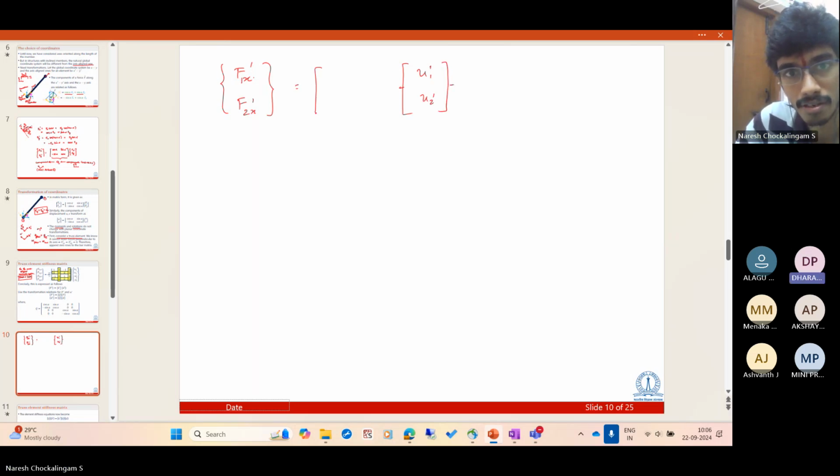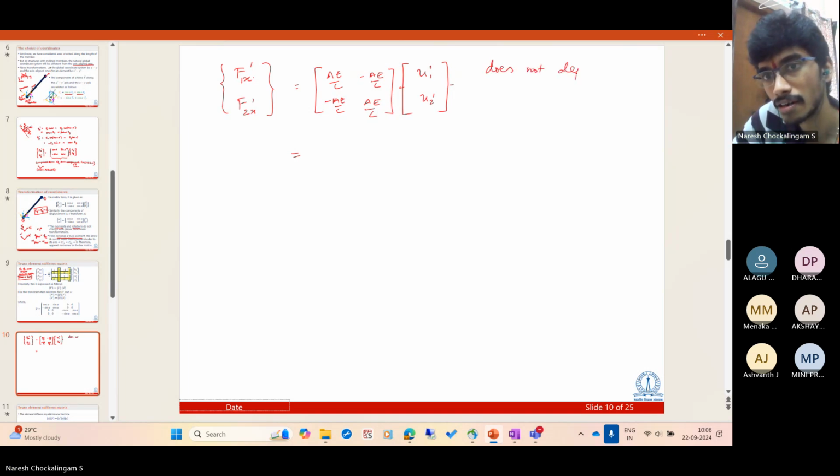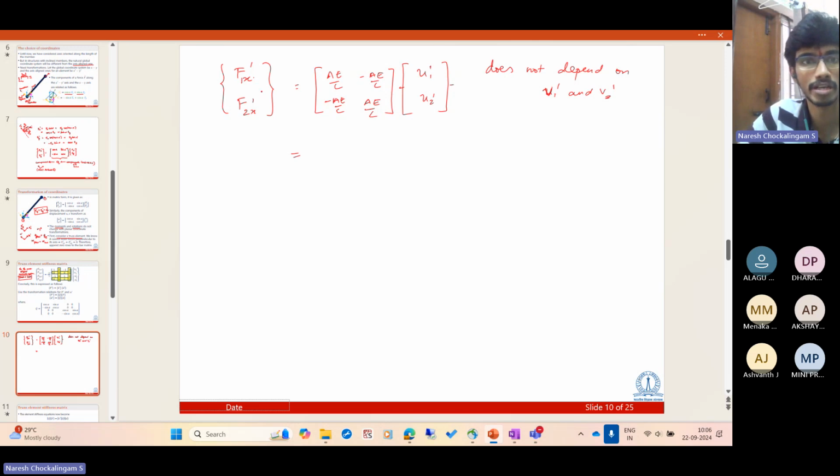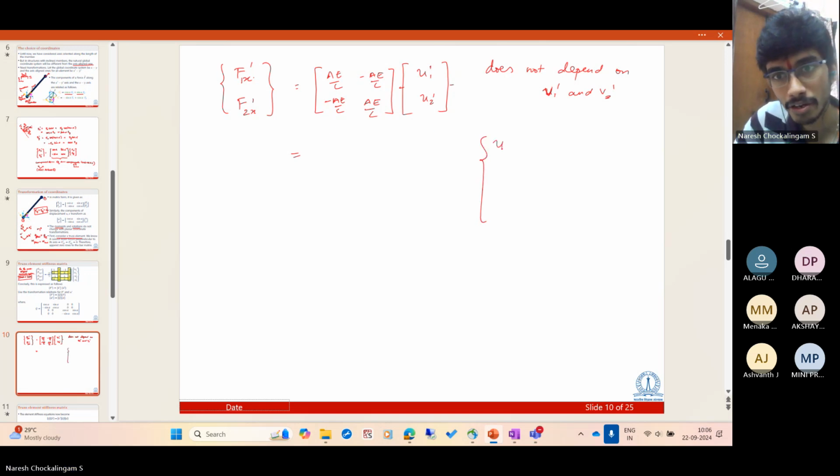The stiffness matrix: AE by L, minus AE by L, then minus AE by L, and AE by L. Now I want this not to depend on v1 dash and v2 dash. Whatever the transverse displacement, it's not going to cause any axial force because a truss member cannot support transverse loads. So if I want to make the right hand side u1 dash, v1 dash, u2 dash, v2 dash, what should I do?